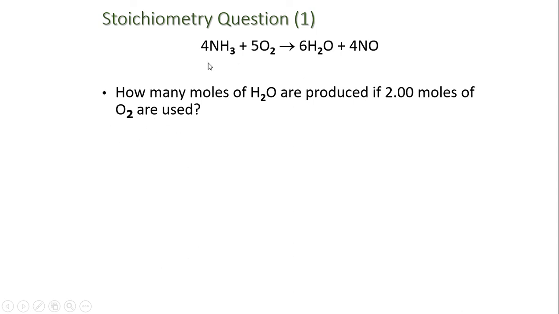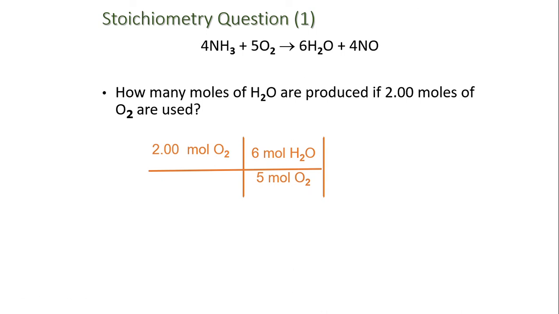So since the reaction given, we have 4NH3 plus 5O2 will produce 6 water and 4NO. So since in every 5 moles of oxygen, we can produce 6 moles of water, the given is 2.0 moles. So what we are going to do is convert, use first this relationship.